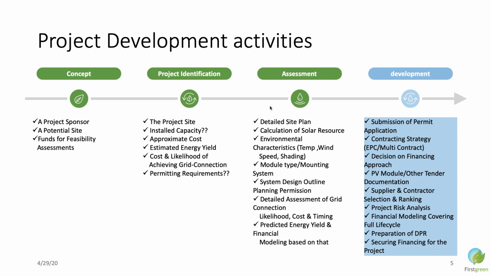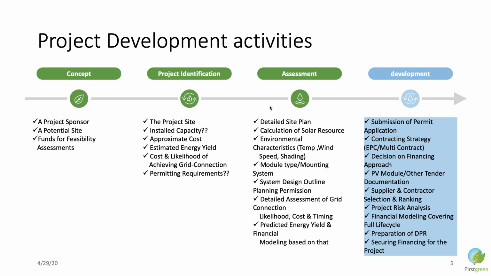The implementation phase will be coming tomorrow, but today we are at the stage when you have already finalized your site location, and you have decided that you will go. Your off-taker is also finalized, and now practically you are in the contracting phase.